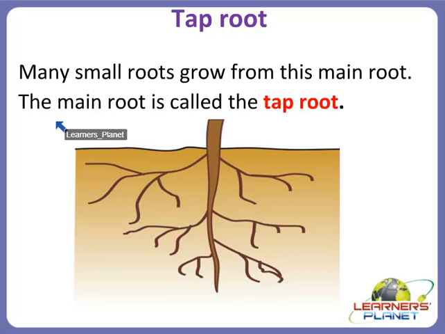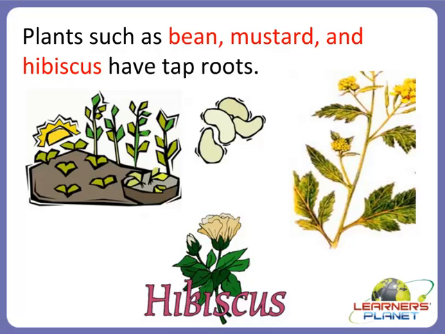So this main root is called taproot. Okay children, so which plants contain taproot? For example, plants such as bean, mustard and hibiscus have taproots.